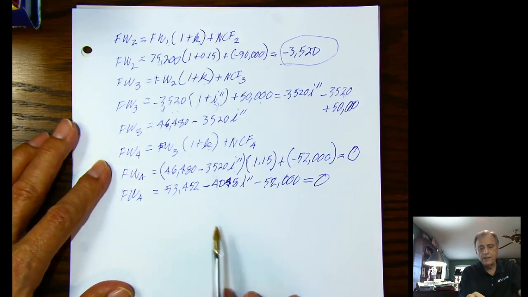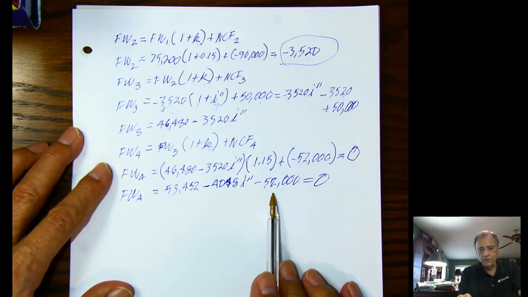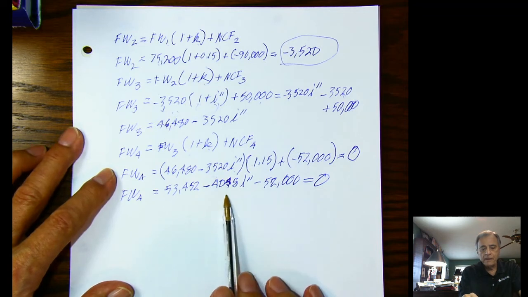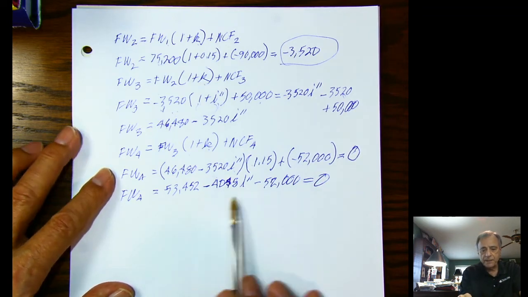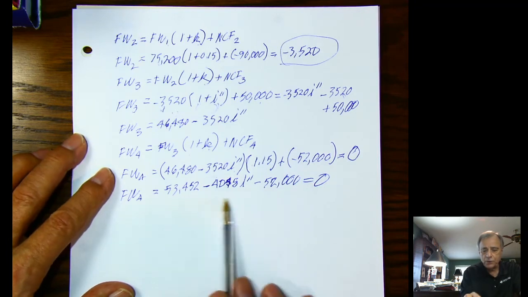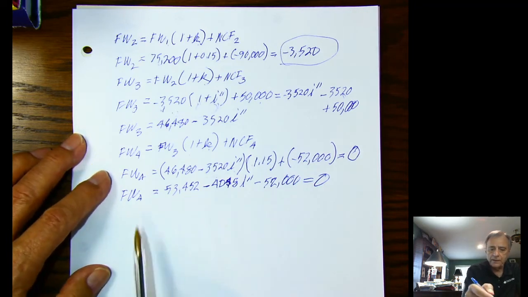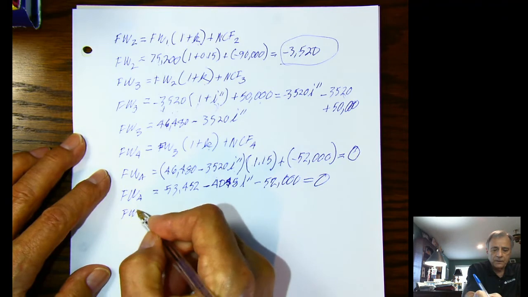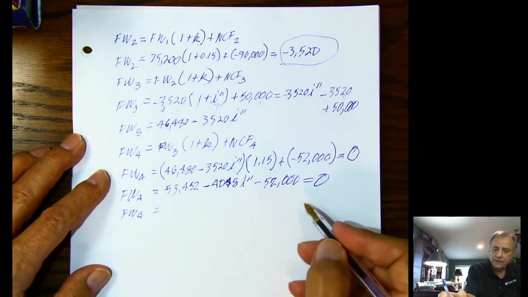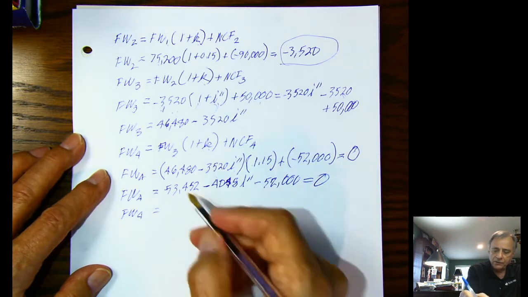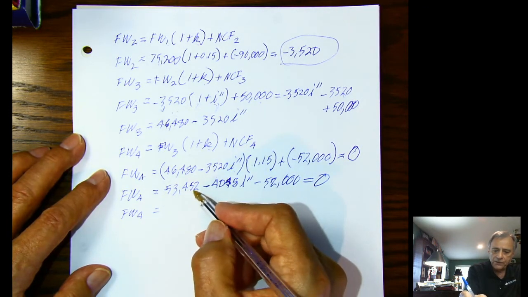And so now we move the 4,048 i double prime to the other side and make it a plus, and we subtract the 52,000 from the 53,452.